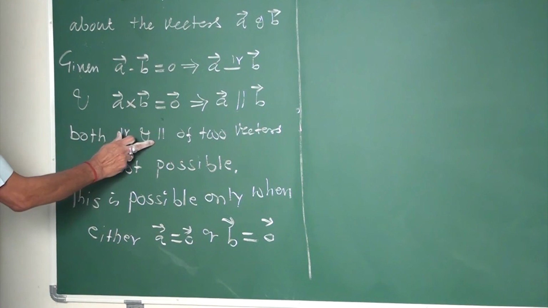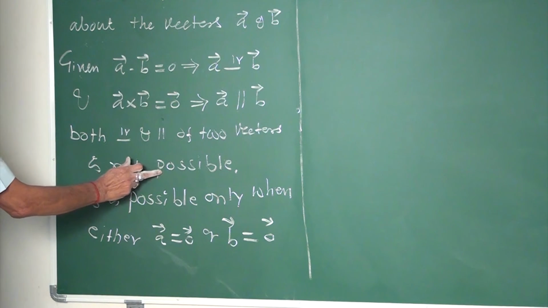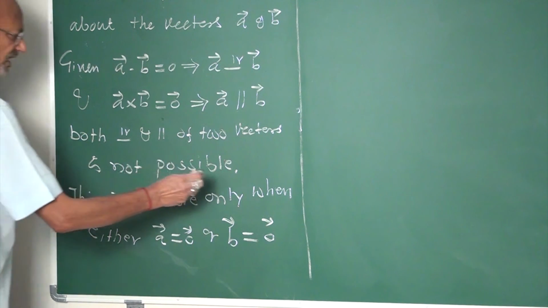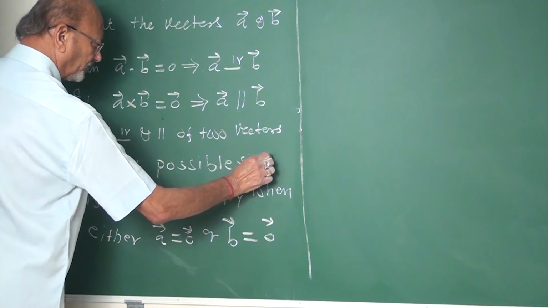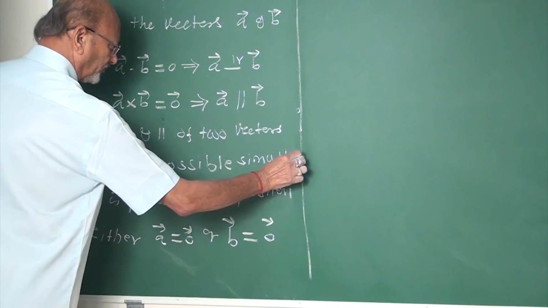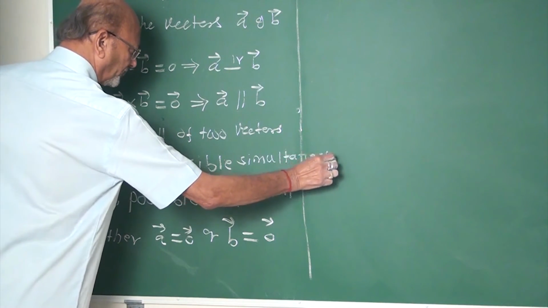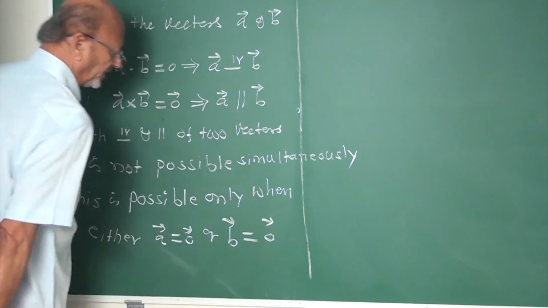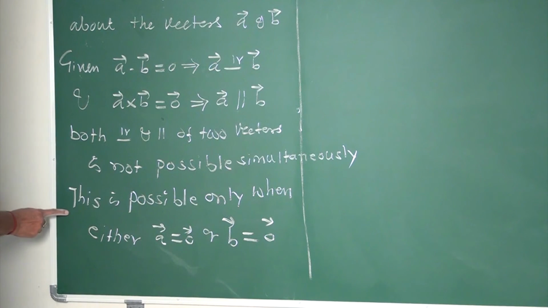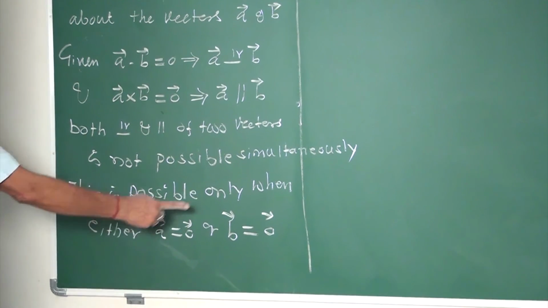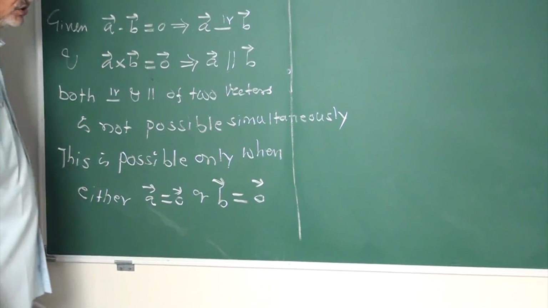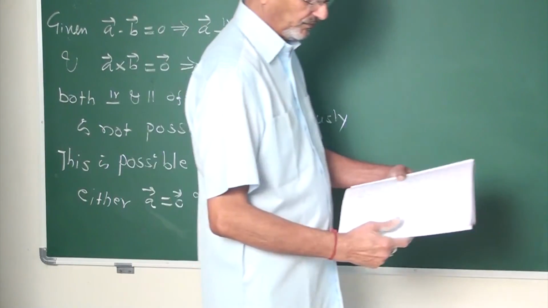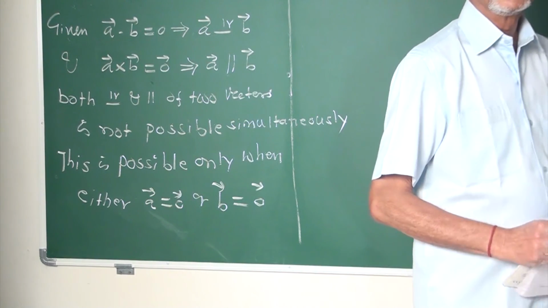Both perpendicular and parallelism of two vectors is not possible simultaneously. And this is possible only when either A is 0, otherwise vector B is 0.